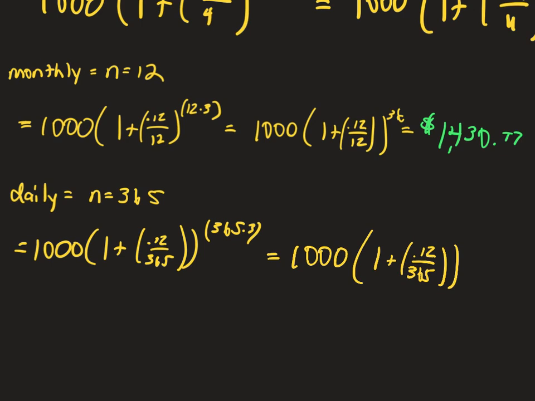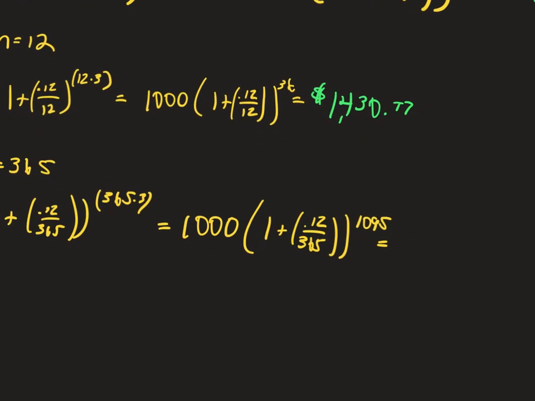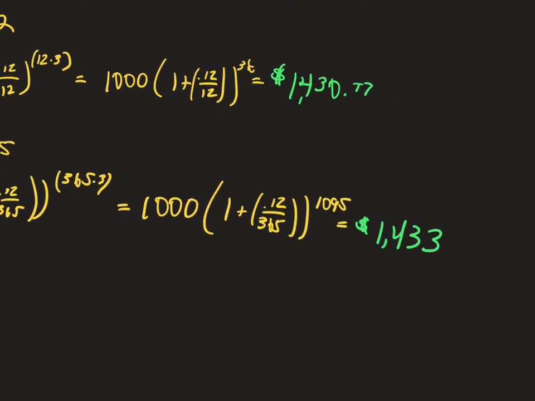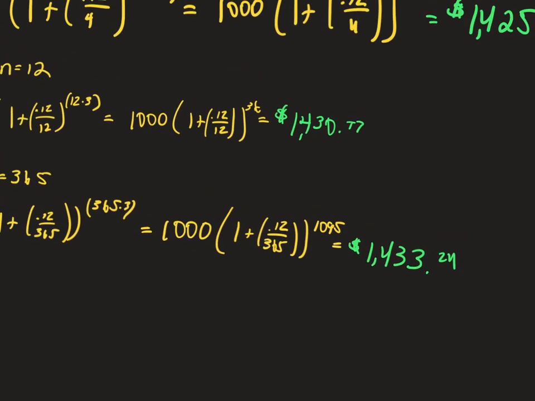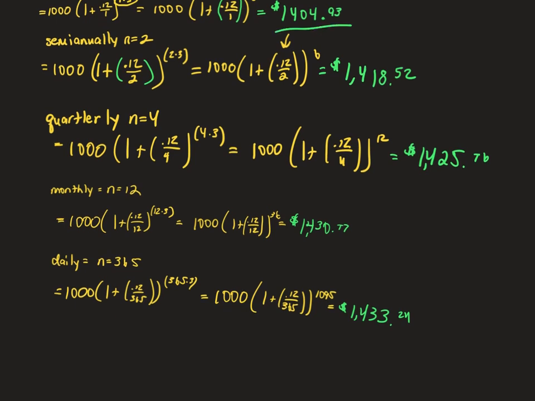So 365 times 3 is 1095. 1,000 times 1 plus 0.12 divided by 365, raised to the 1095, and I get $1,433.24.